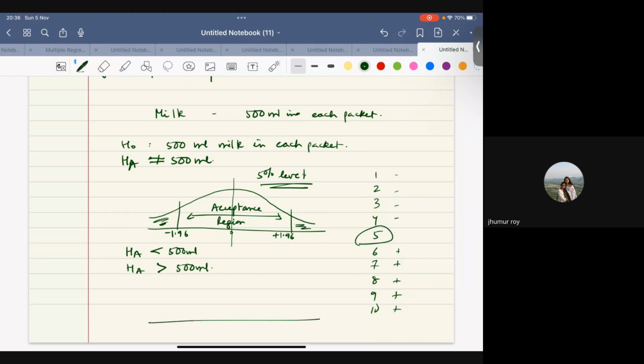So for 99% level, the value over here is taken as minus 2.58 and plus 2.58. Okay, so this is the acceptance level for 99%. This is 5% level, means 95%.